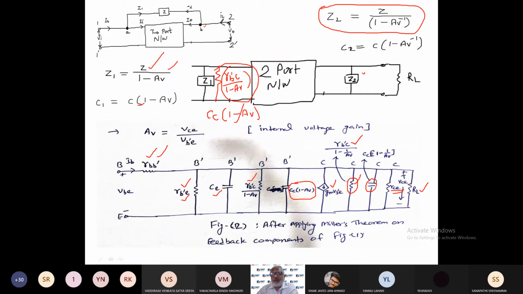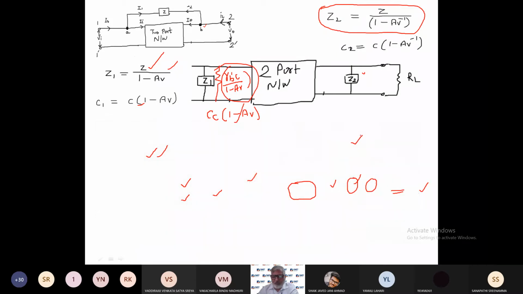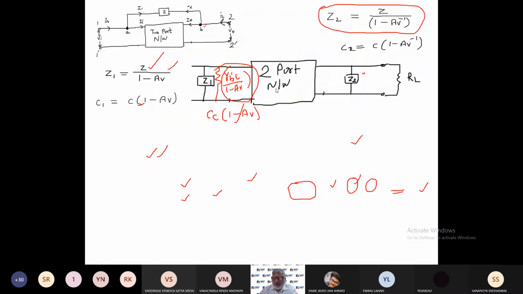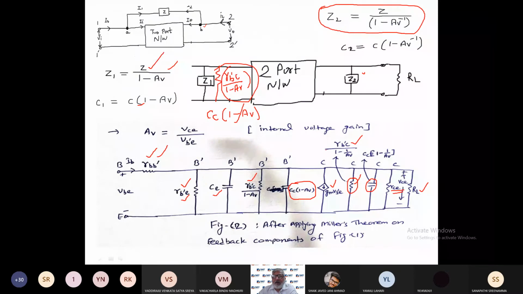RB'C is the component, this one, RB'C divided by, see here, 1 minus AV inverse. AV inverse, this we can write as 1 by AV, right? Both are same. So I have written this 1 minus 1 by AV, right?